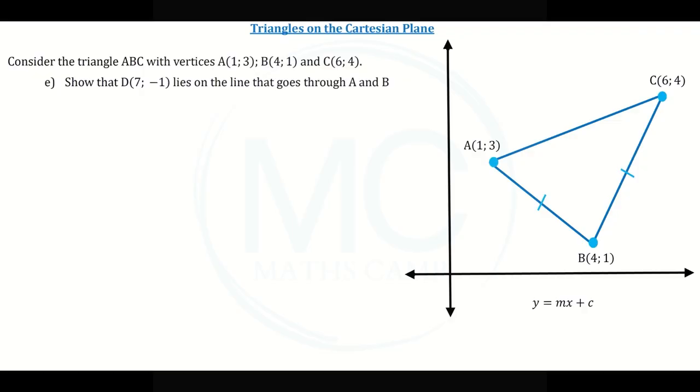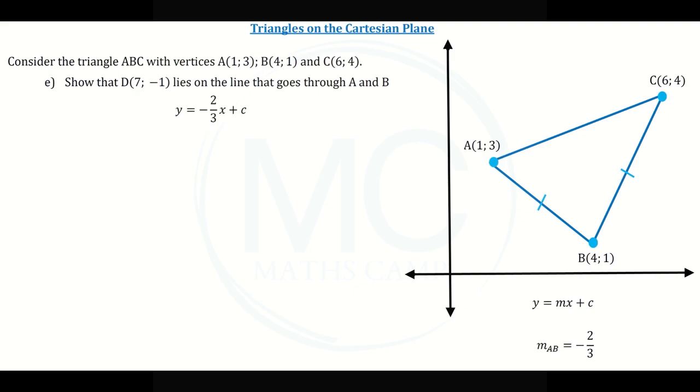And in part D of this question, we found the gradient of AB to be negative 2 over 3. So we can start by writing the equation for this line as y is equal to negative 2 over 3 x plus c.